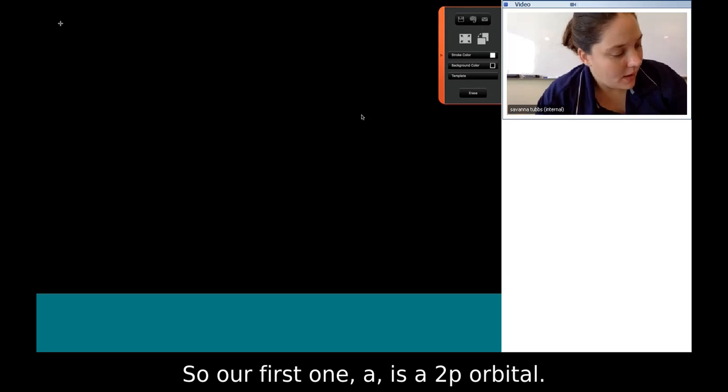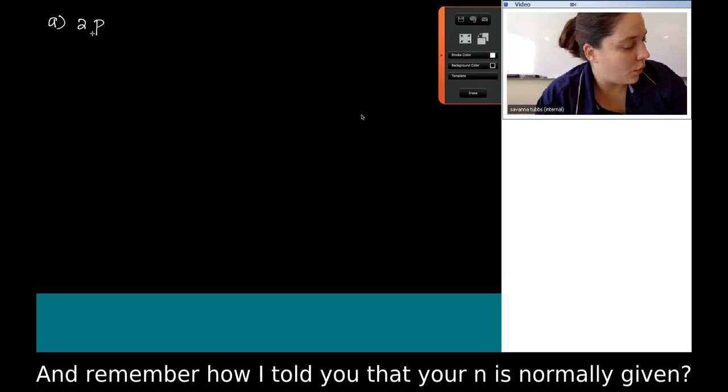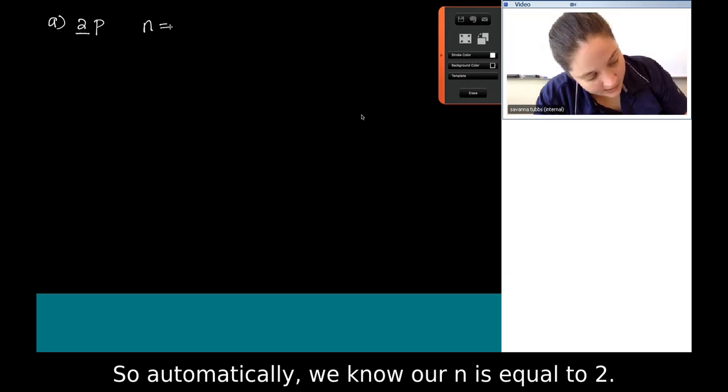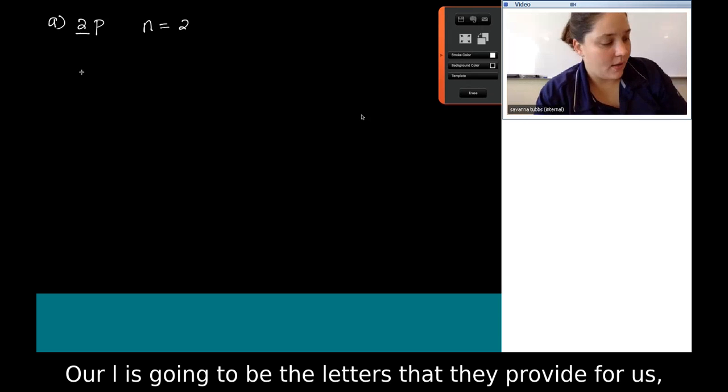So our first one, A, is a 2p orbital. And remember how I told you that your n is normally given? Well, it's that number right there. So automatically we know our n is equal to 2. Our L is going to be the letter that they provide for us.